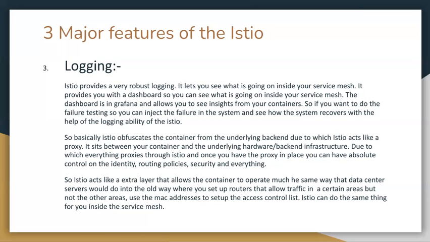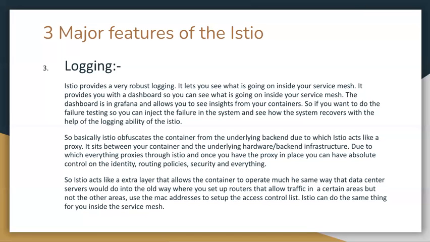So basically, if you look at Istio, Istio acts like an extra layer, because we are inserting the Envoy proxy in between, through which all the traffic is getting routed. It acts like an extra layer that allows the container to operate much the same way as we do in the data center. It's a little bit of an old way that we used to do. In the data center, we used to create a lot of routers which allow the traffic in certain areas and block it in other areas, with the help of MAC addresses and access control lists.